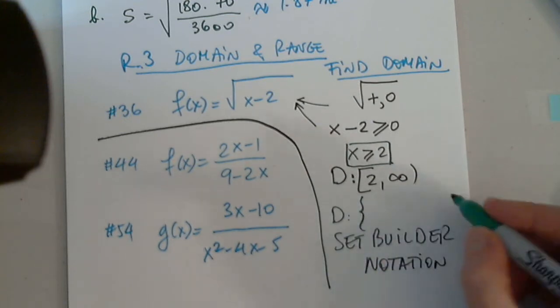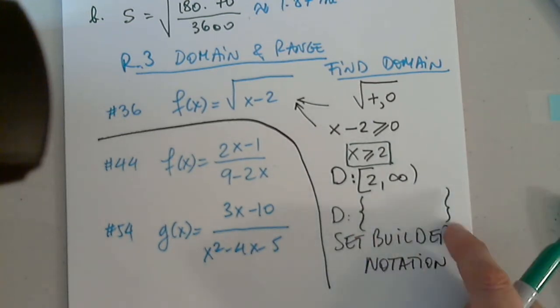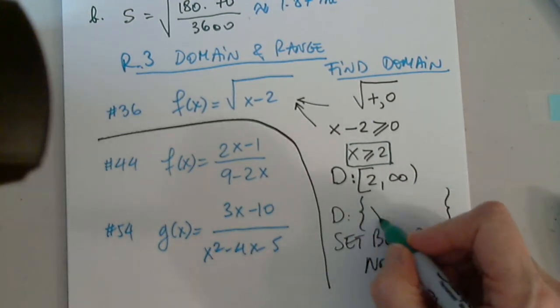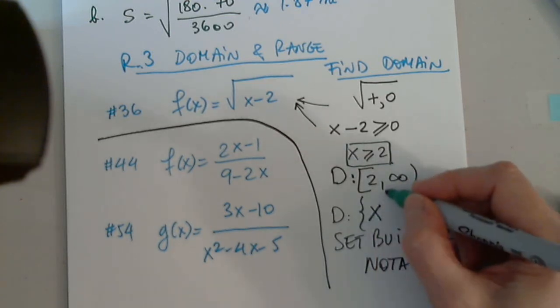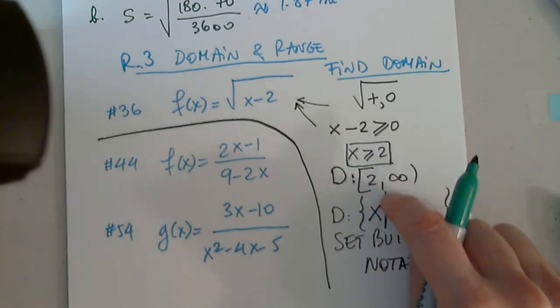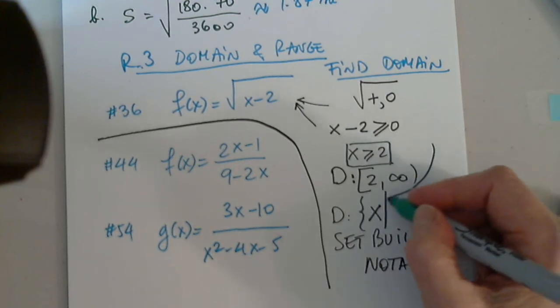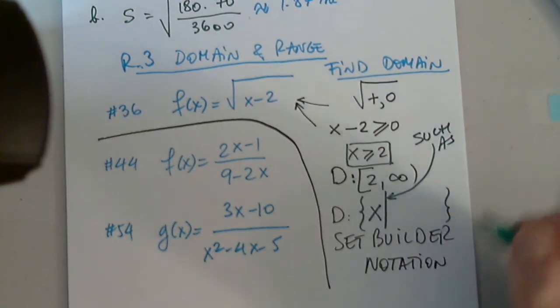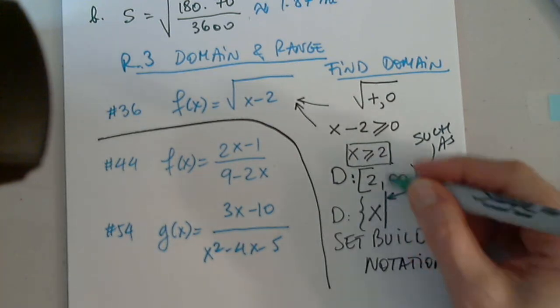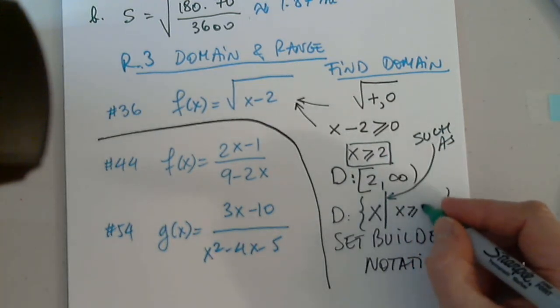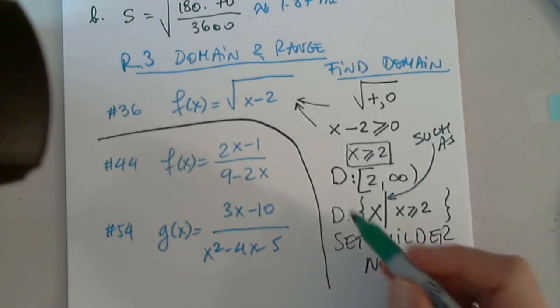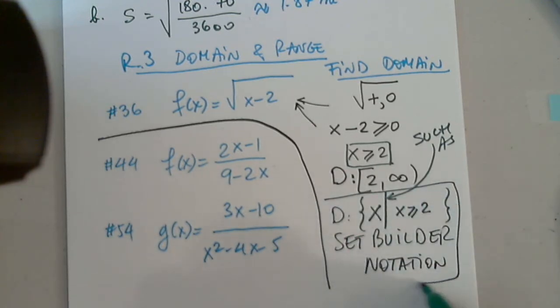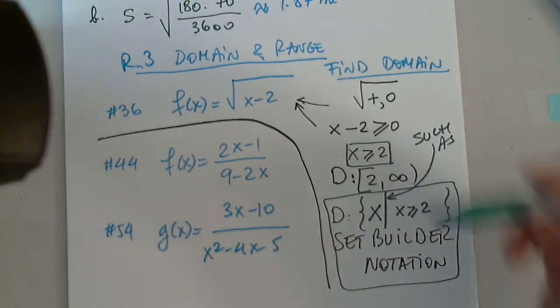So it uses braces. It says the domain has values of x. This vertical bar stands for such as, or having the property that x is greater than or equal to 2. I don't really care for this notation, but you may be asked to use it. I will not ask you to use it because it's the same thing.